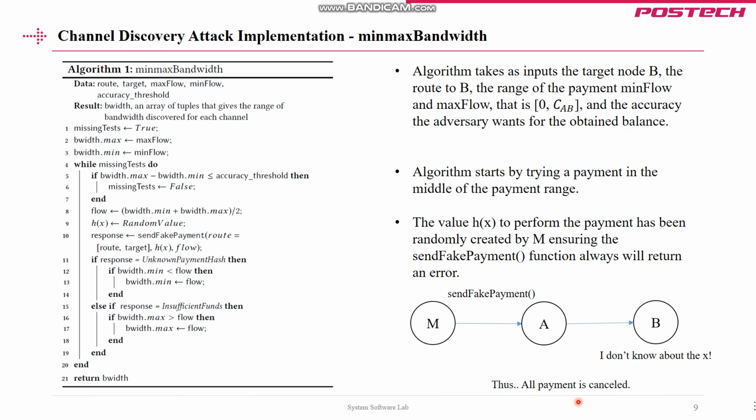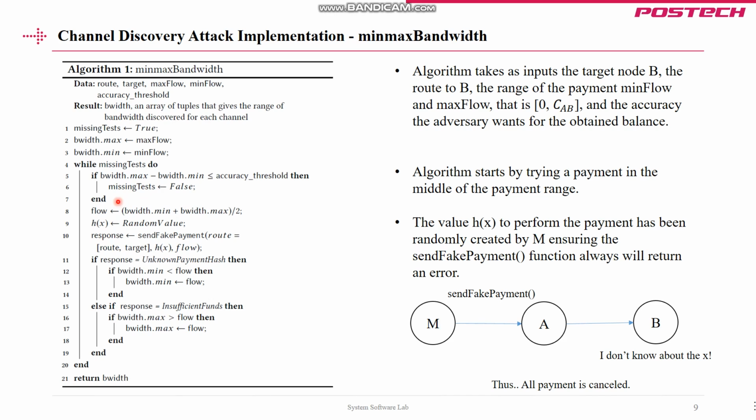The algorithm starts by trying a payment in the middle of the payment range, and the value hx to perform the payment has been randomly created by M, ensuring the send fake payment function will always return an error.